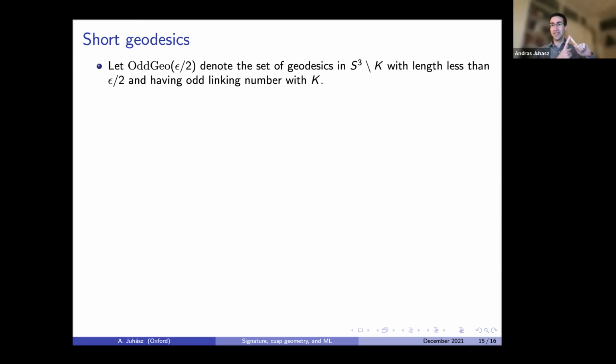In fact, injectivity radius showed up in our bound, and now short geodesics show up here.